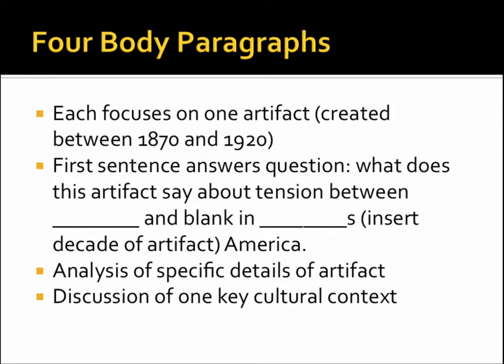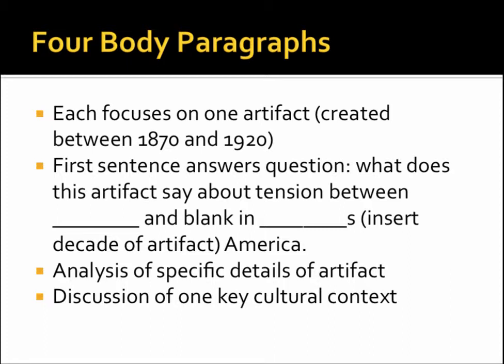So the body paragraphs, and there'll be 4 of them, each take one artifact, a painting, a quote from a novel we read, or a passage from one of the Native American texts we read, or a passage from Twain, or a sculpture, or a song, or a building. Anything we've looked at counts as an artifact. But the rule is the artifact has to be created between 1870 and 1920.